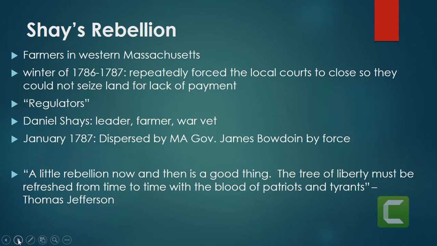It's called Shays' Rebellion because one of its leaders was a local farmer by the name of Daniel Shays. Daniel Shays was a farmer in Western Massachusetts, but he was also a veteran of the American Revolution. And so he was one of these people who very clearly saw, here we fought a war that was supposed to be about independence, and yet my neighbors are losing their land and there's something very, very wrong with that.